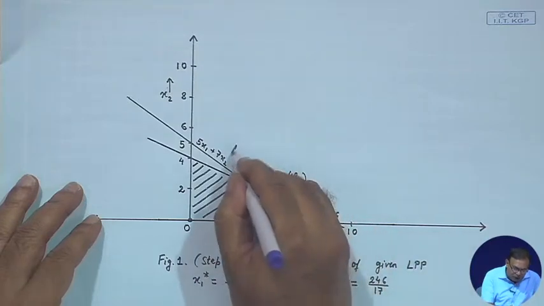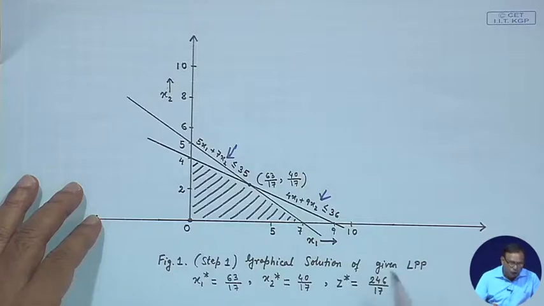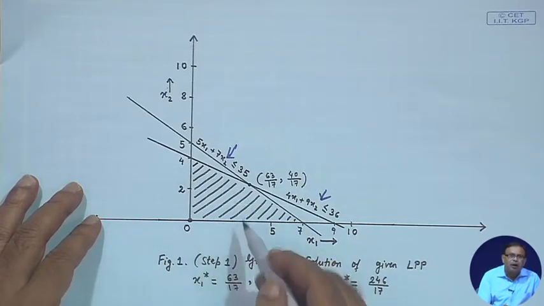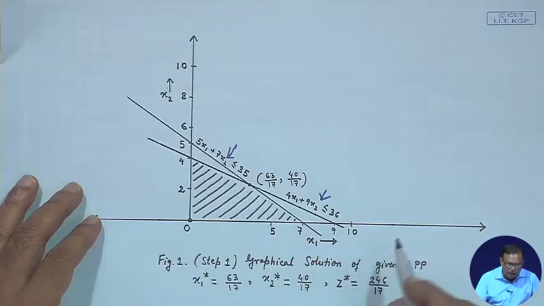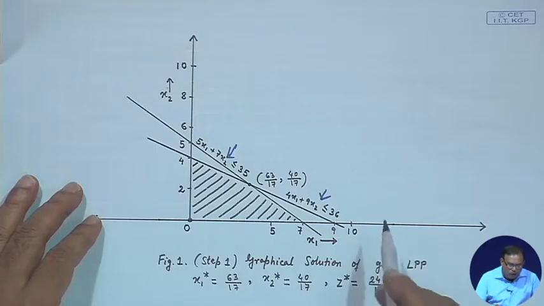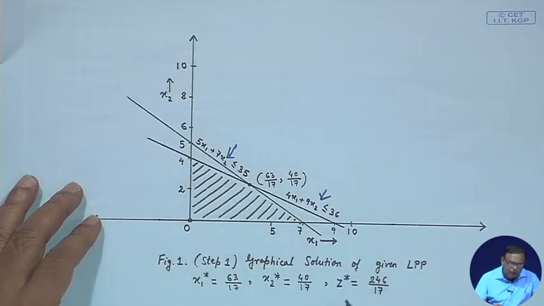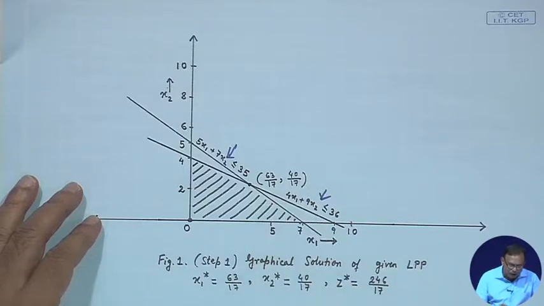Since both are less than or equal to, the direction for both is this one, and the region is this shaded region bounded by these 2 lines and the coordinate axes. From the graphical solution, these are the extreme points, and if you calculate, you obtain the maximum value at the point 63 by 17 and 40 by 17.